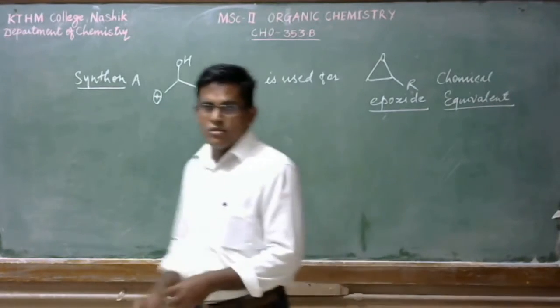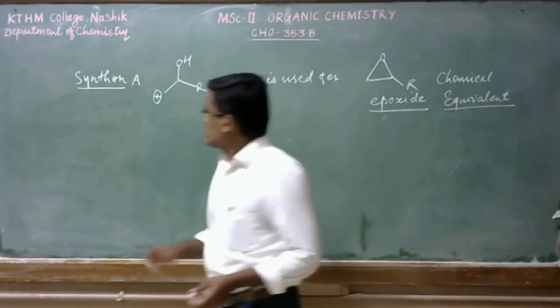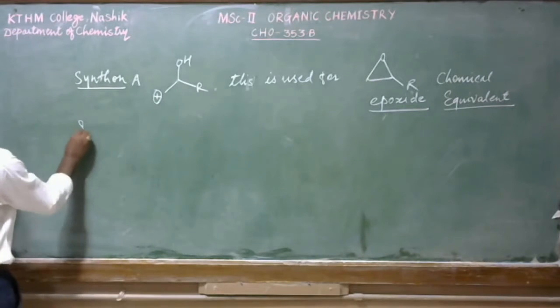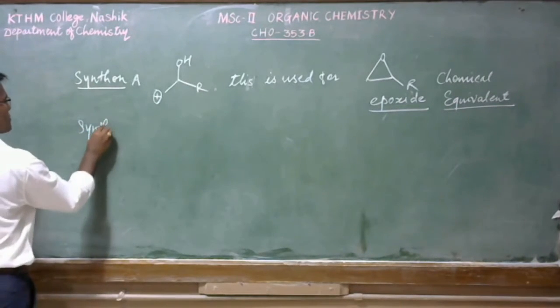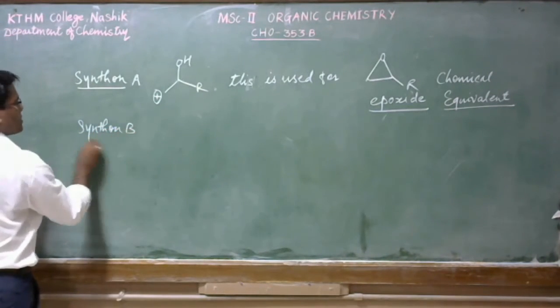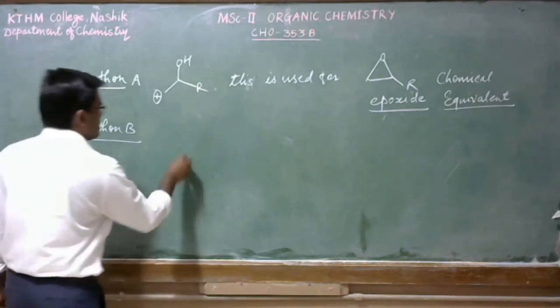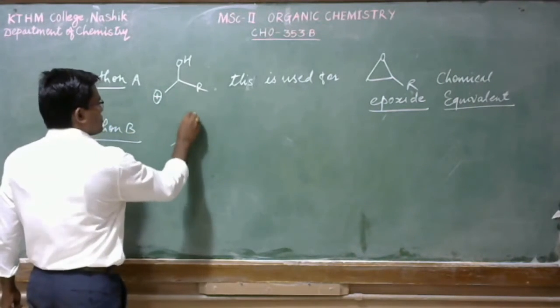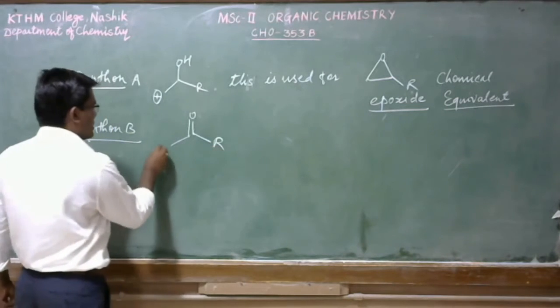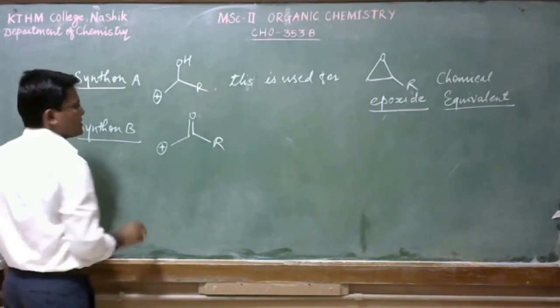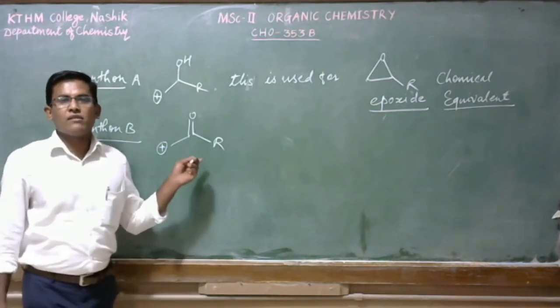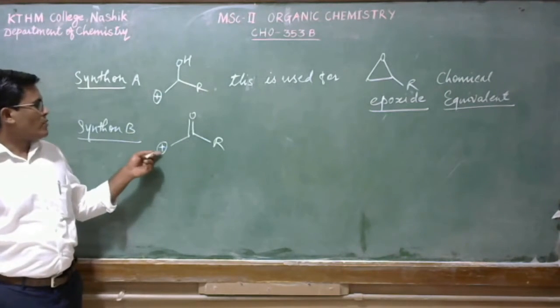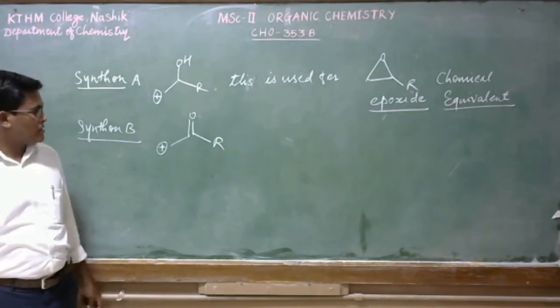Okay. So now we will see the synthon, let's say synthon B. This synthon is having a positive charge and a carbonyl group.